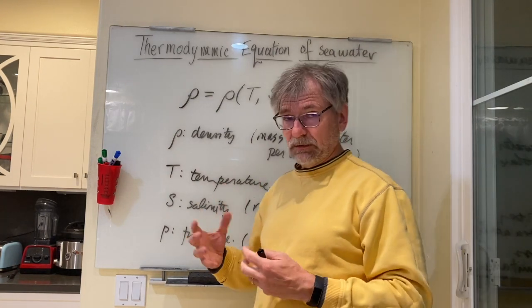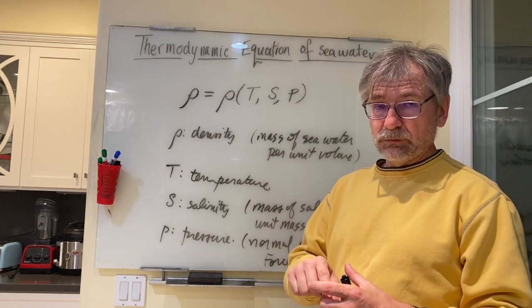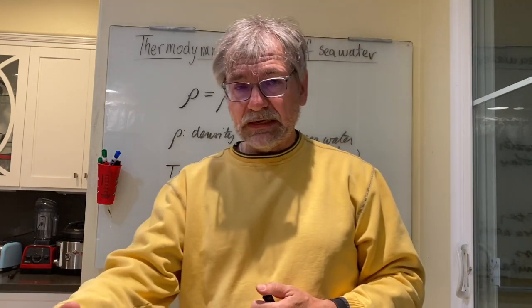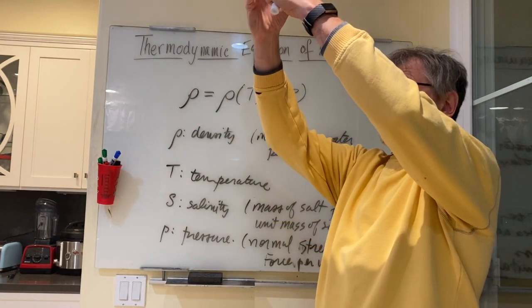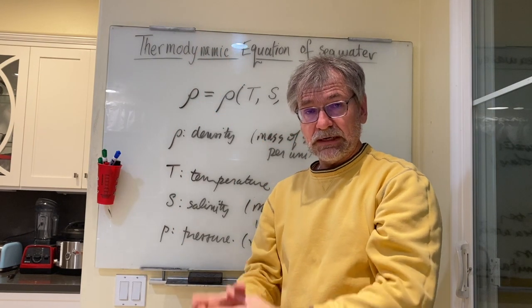So if we take a small fluid parcel, we could think about how much internal energy there is in the fluid parcel. So a parcel will have energy. If it's moving, it'll have kinetic energy. If you move it up, it'll have more gravitational potential energy. If you move it down, it'll have less gravitational potential energy.